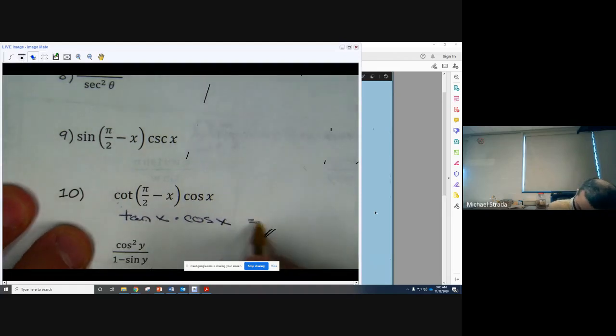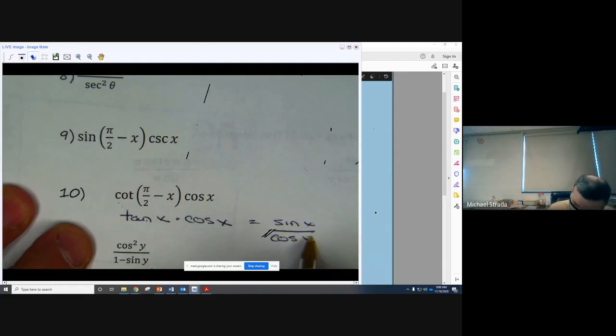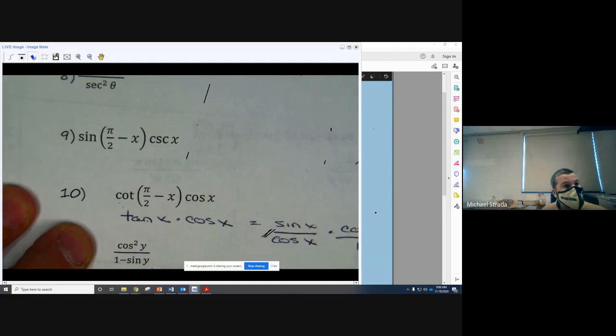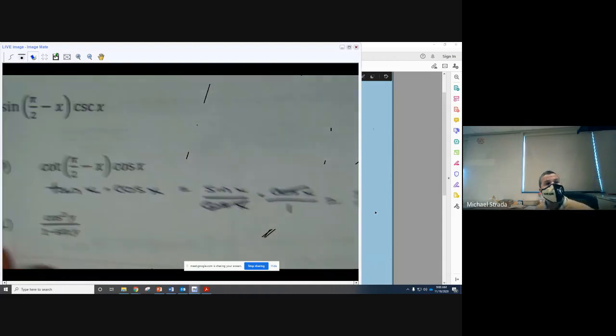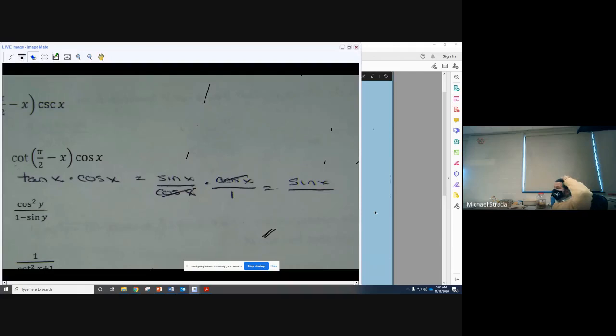Tangent x is sine x over cosine x times, again, cosine x over 1. What do the cosine x's do to each other? It's left. And I got sine x over 1, which is just sine x. That's it.